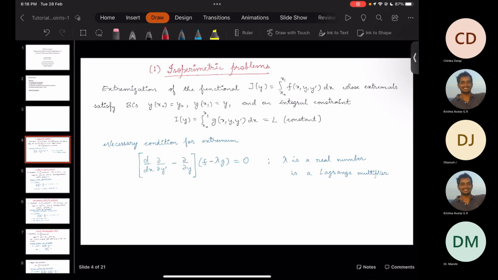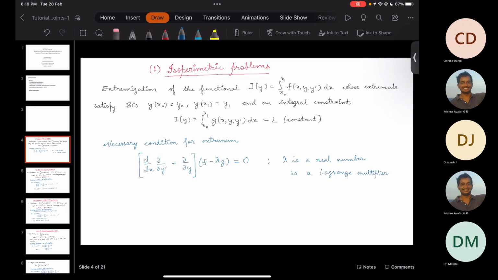Here we extremize the functional of the form J[y] equal to the integral from x0 to x1 of f(x, y, y') dx, whose extremals satisfy the boundary conditions y(x0) = y0 and y(x1) = y1, and an integral constraint defined as I[y] equal to the integral from x0 to x1 of g(x, y, y') dx equal to L, which happens to be a constant.